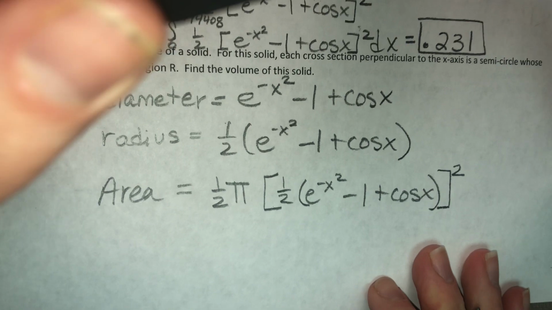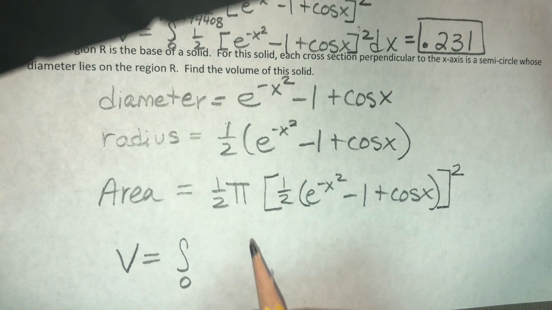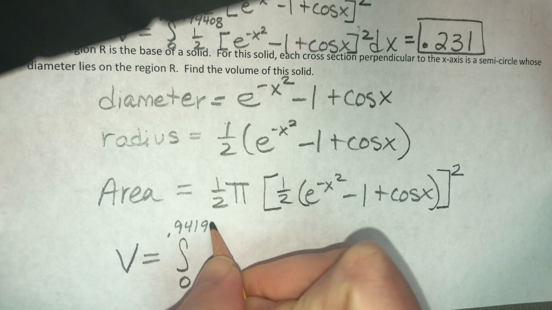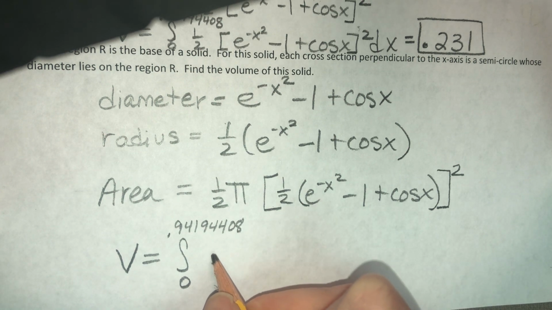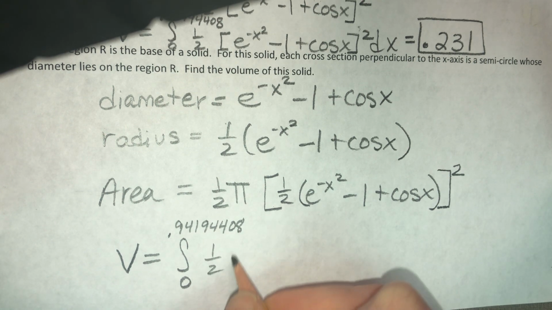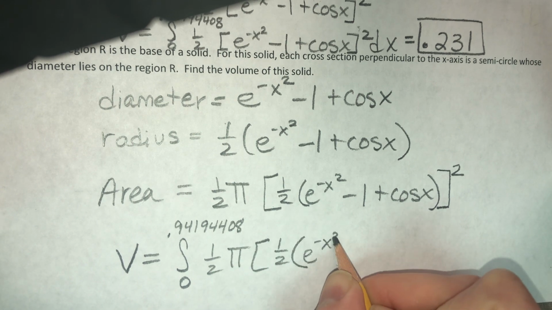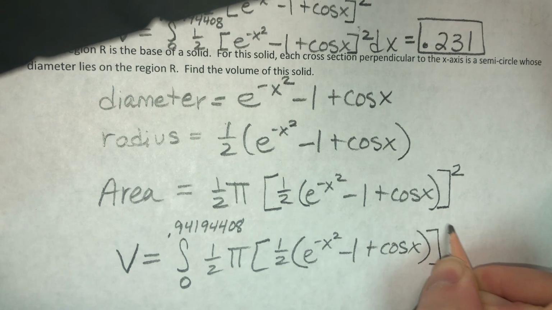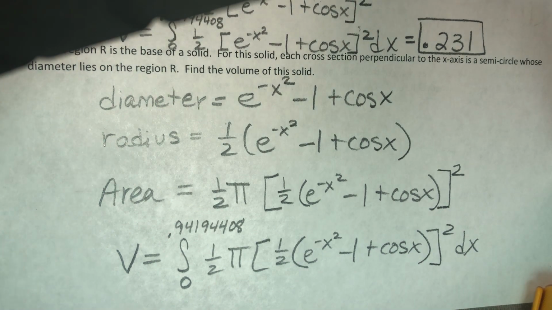And then we are going to find the volume, which is the integral from 0 to that 0.9419448 of our area, 1/2 pi times 1/2 times e to the negative x squared minus 1 plus cosine x squared dx. All right, this is what I have to work out, and this is the last one.